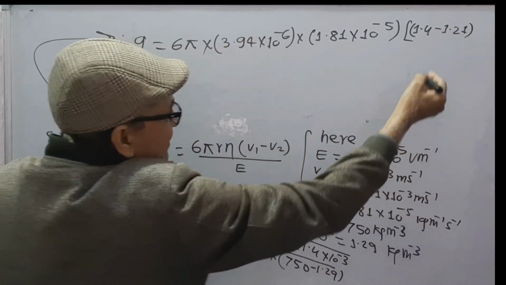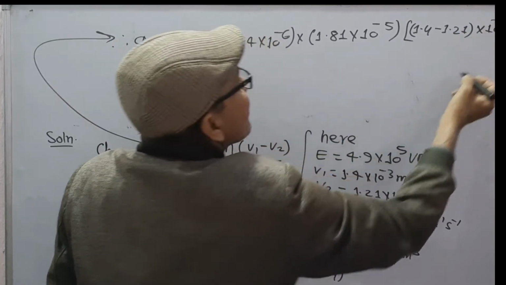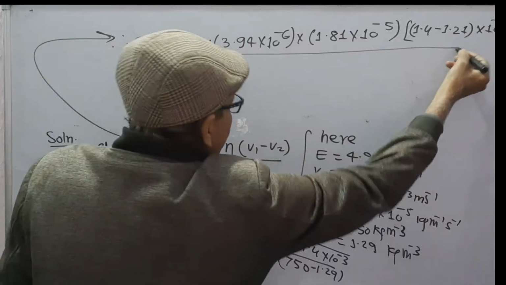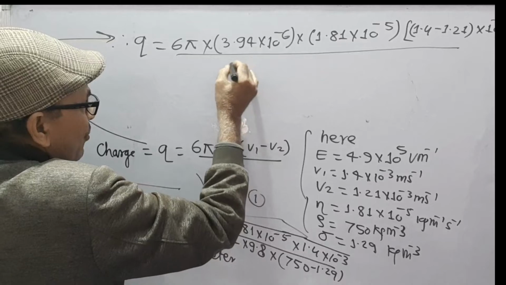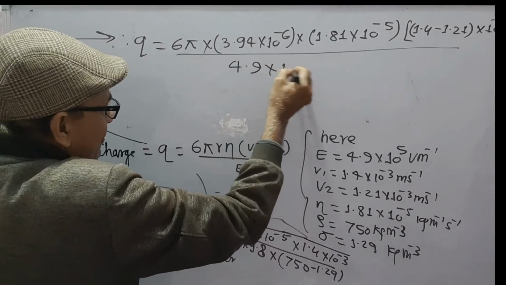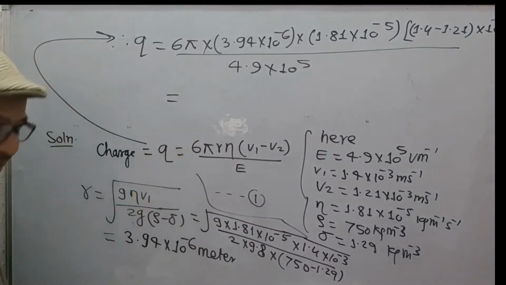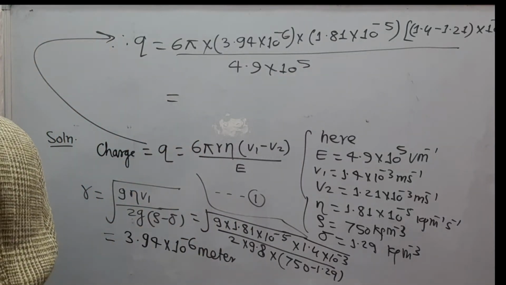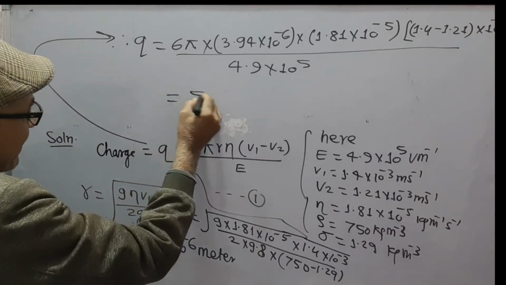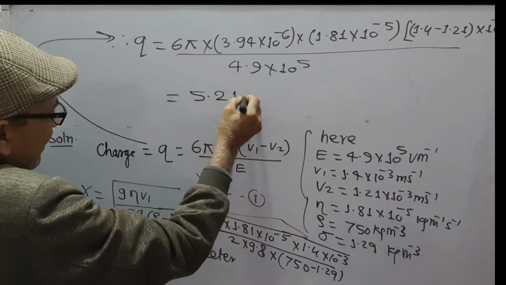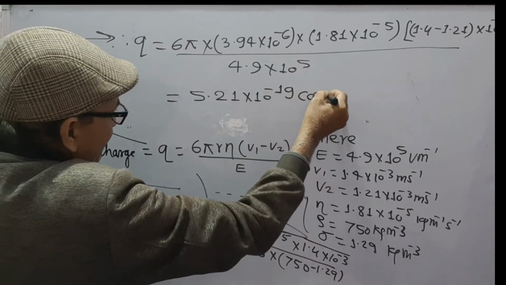Both are in millimeter, therefore 10^-3 may be taken common, upon E, which is given to be 4.9 x 10^5. On simplification we get the charge as 5.21 x 10^-19 coulomb.